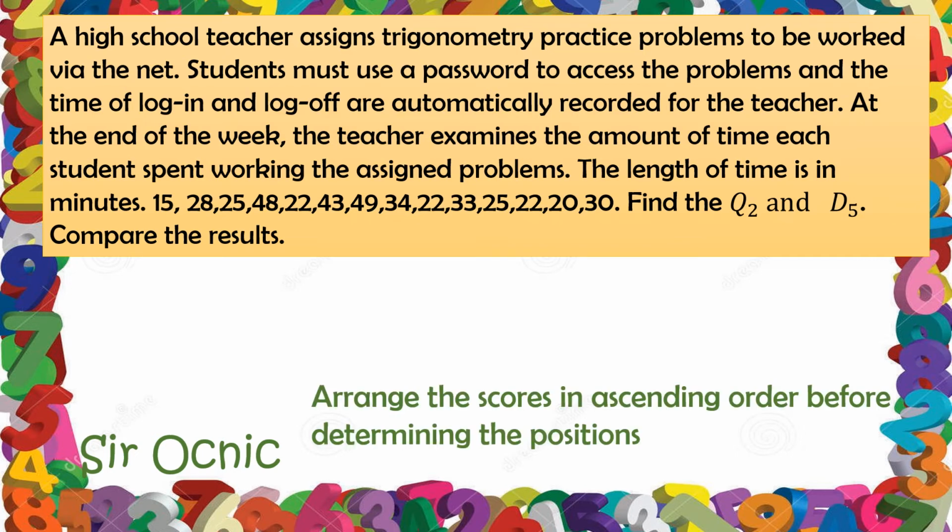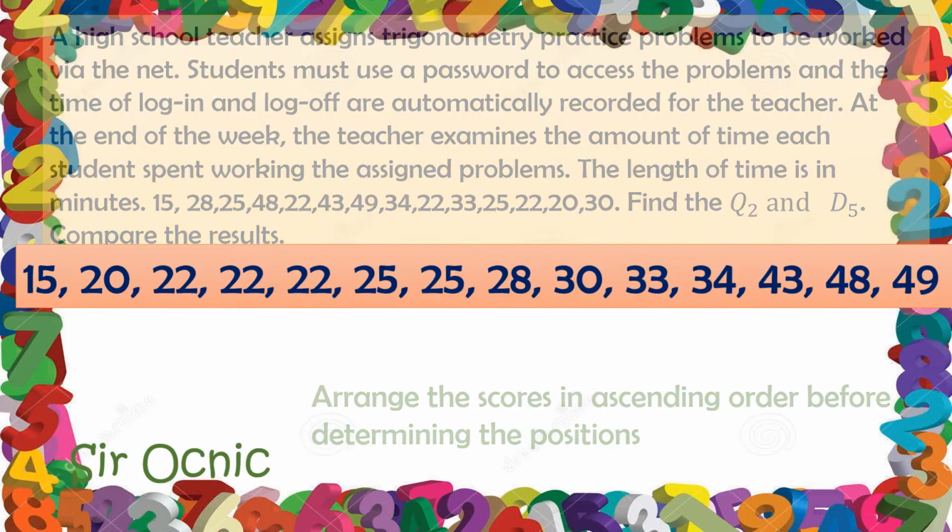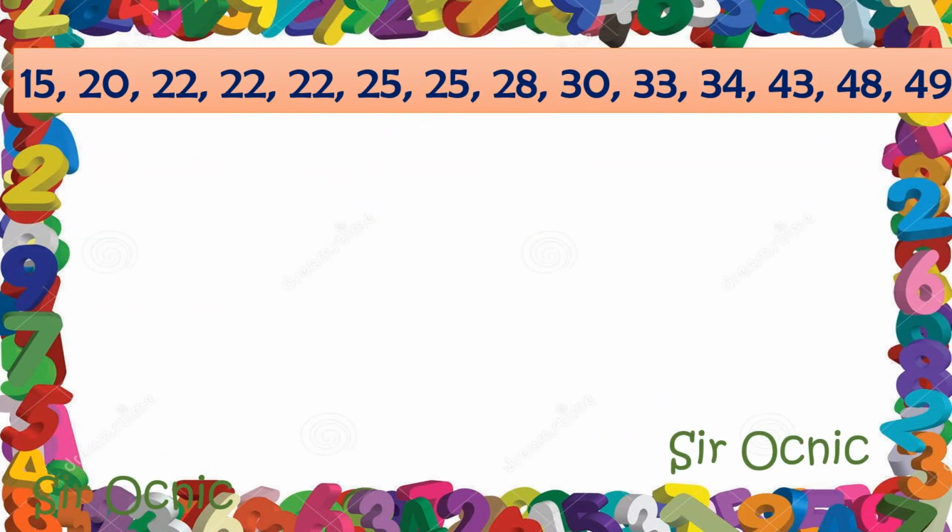The first thing to do is to arrange the scores in ascending order before determining the positions. The correct order is this one. Using the arranged order, we may now identify the second quartile.